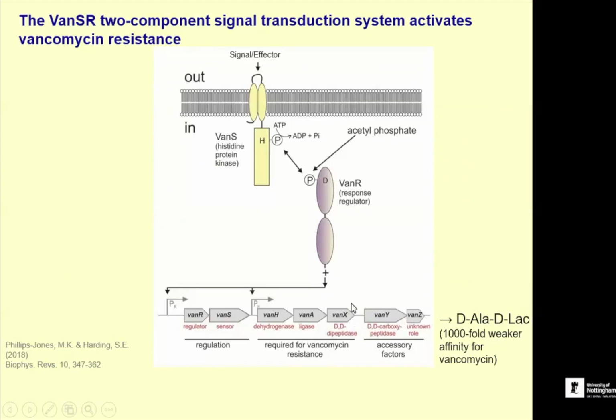And the question here is, the way diala-D-lactate is produced in the cell means that there has to be an activation of a signal transduction pathway to divert pyruvate into producing lactate, and hence you get diala-D-lactate. This is the mechanism which is responsible for activating resistance to vancomycin. It's called the Van-SR two-component signal transduction system.